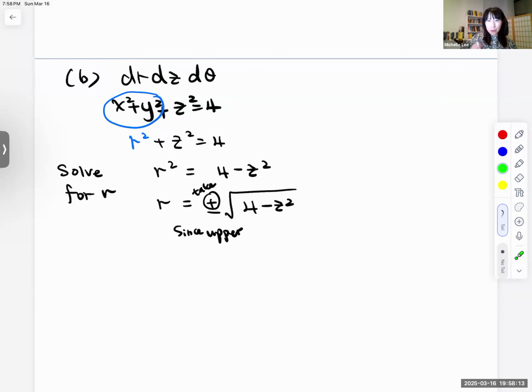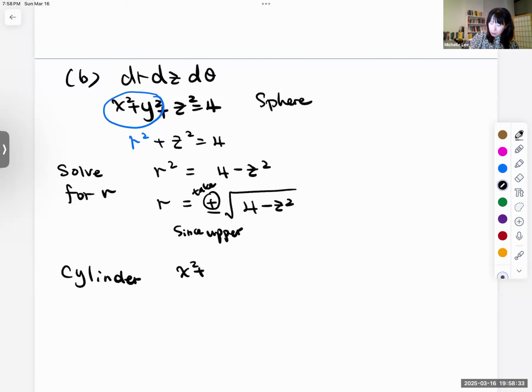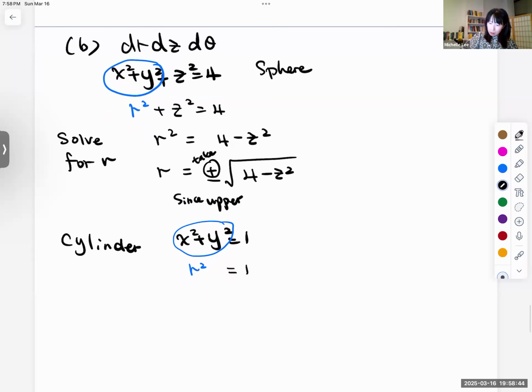By the way, how do we find the square root of 3? Let me show you. We have a cylinder, x squared plus y squared equal to 1. So we know this is r squared equal to 1, right? Then from the sphere we have r squared plus z squared equal to 4.